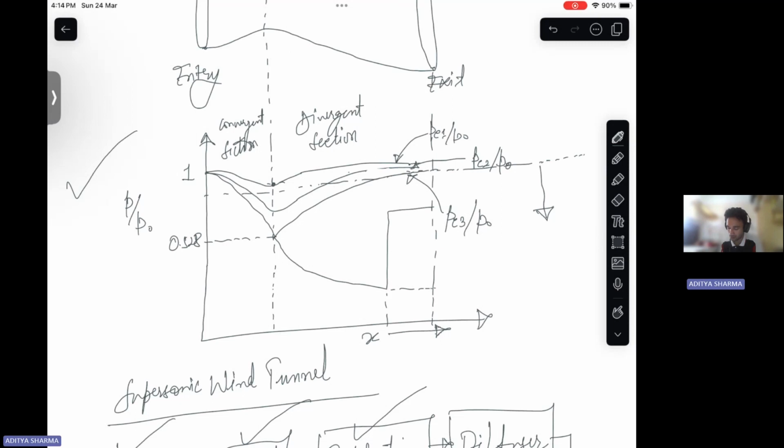Up till this point, your static pressure reduces. But after reaching this point that I have marked, it experiences a normal shock.